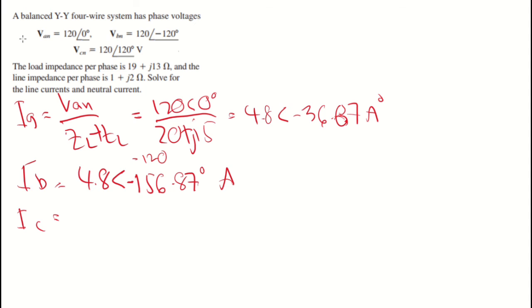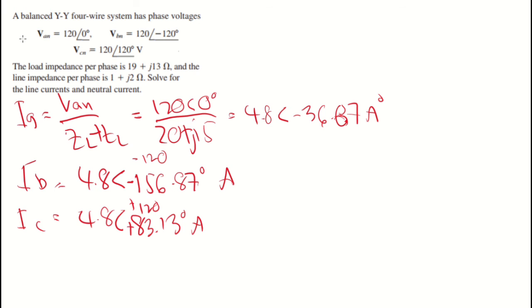And IC is 4.8, and this is plus 120, so if you add this, you will get 83.13 degree ampere.